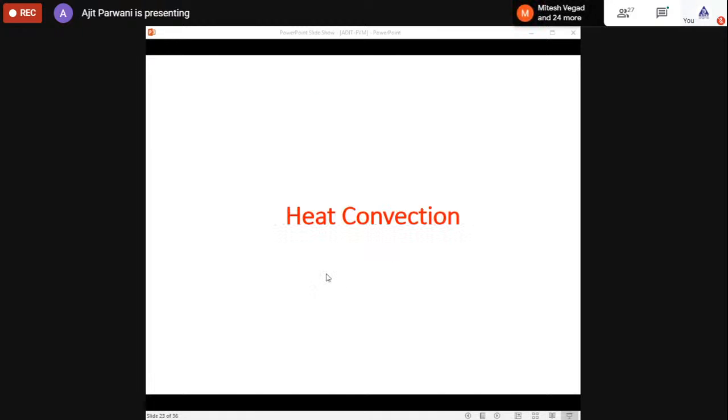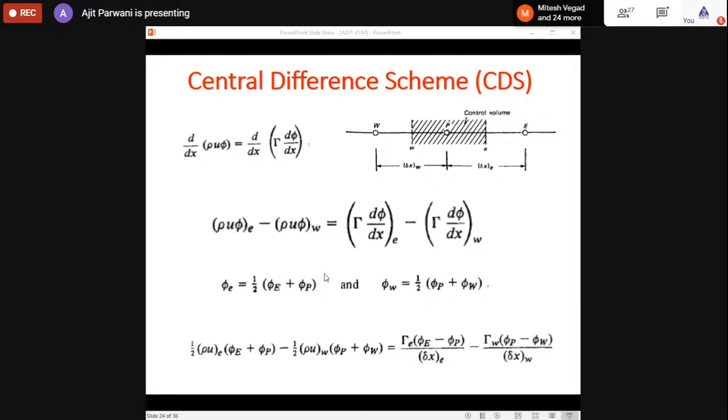Now coming to the convection problem. What is the difference between conduction and convection? In a convection problem, there is a fluid involved, and the domain is the fluid, which is flowing.